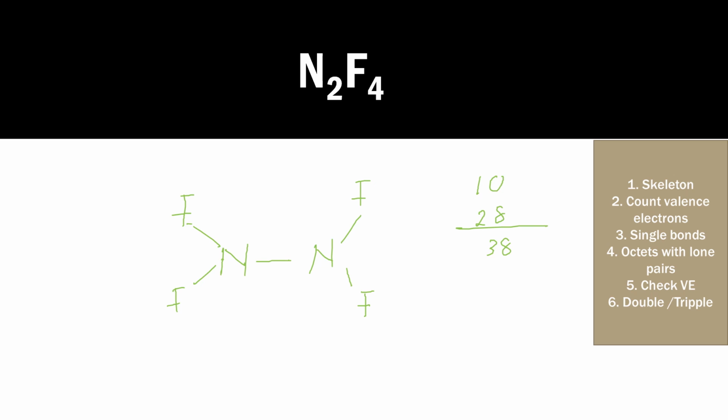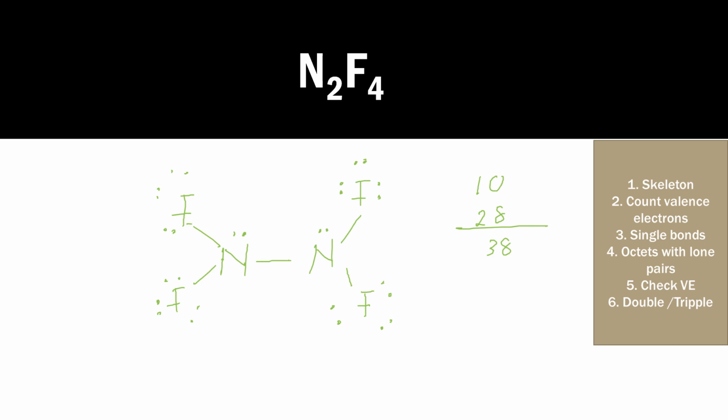Now octet. Okay, nitrogen should have 2 here. Because this is 2, this is 4, this is 6, this is 8. 2, 4, 6, 8. So now we're going to do it for the fluorine. 2, 4, 6, 8 for each.